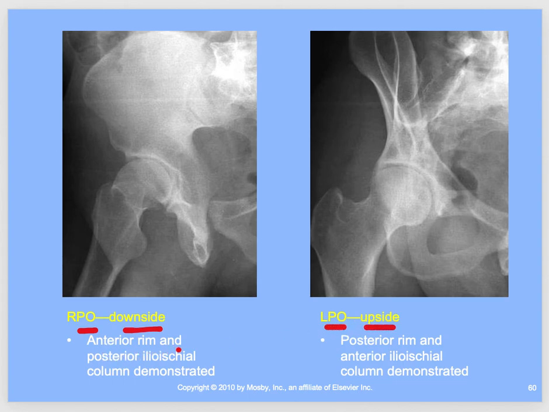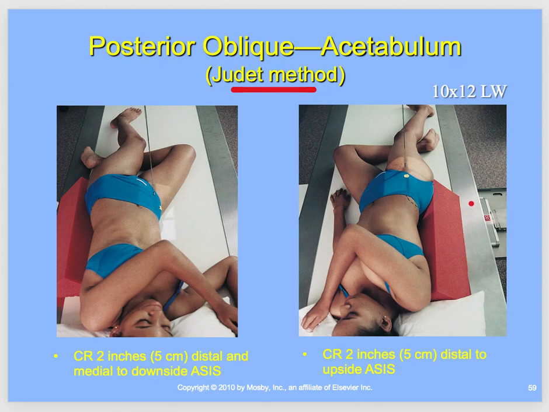So anterior rim and posterior ilioischial column are demonstrated, and then the LPO, the posterior rim and anterior ilioischial column, is demonstrated. And you may have to do this. So there are facilities that do a 14 by 17, okay?